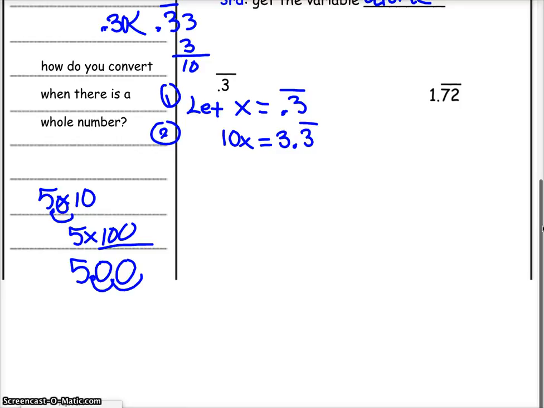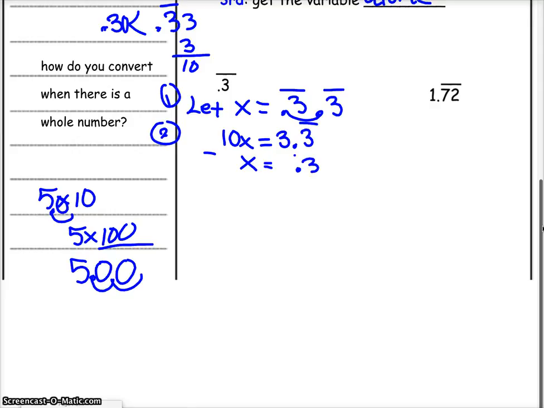So 10 times x is equal to 3.3 repeat. Why is that the case? Because it moved the decimal over once, and I still have all those 3s repeating, don't I? So it turned into 3.3 repeat. But being able to do that allows me to take the pattern away. So now I say, okay, get rid of the pattern. The pattern is x. Get rid of x.